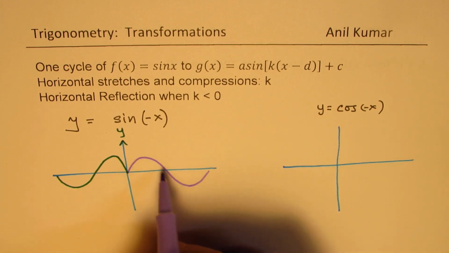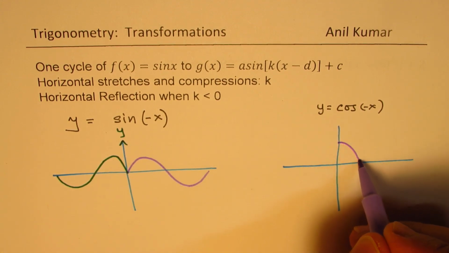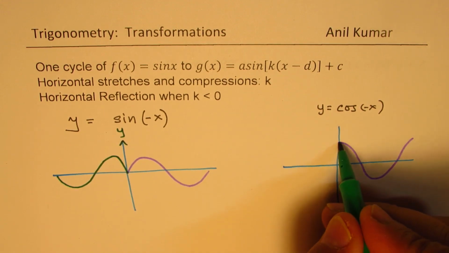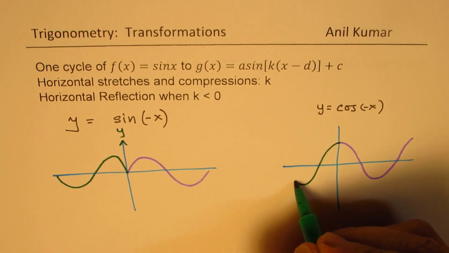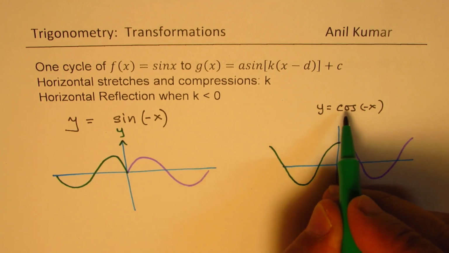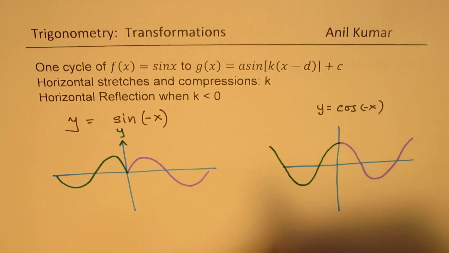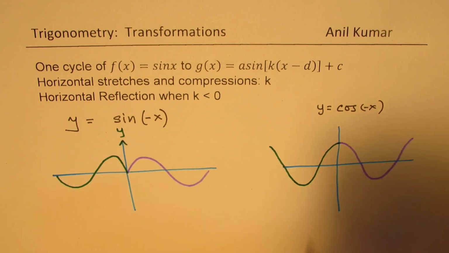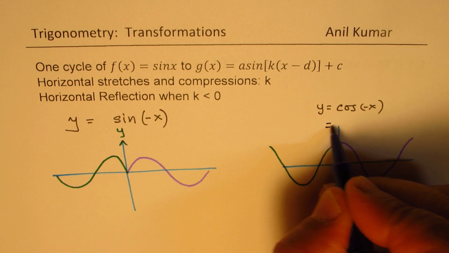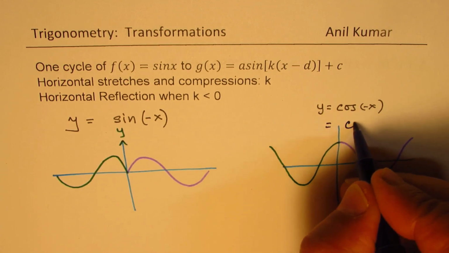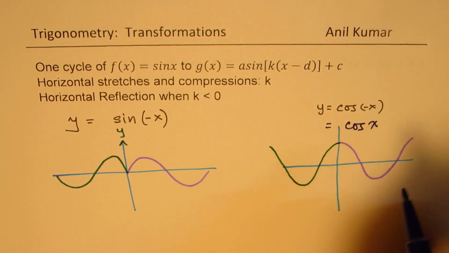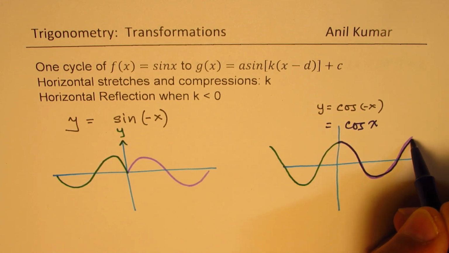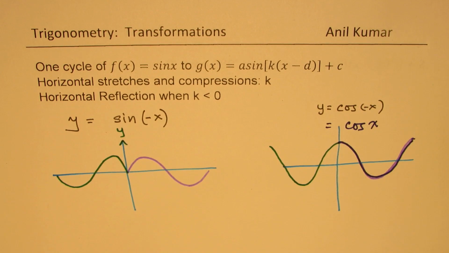Only thing is, if you're considering one wave, in that case, the domain will change, right? So that will be cos of minus x, right? Now, at times, we may actually convert this cos of minus x to cos x and may sketch like this also, right? That we may do.